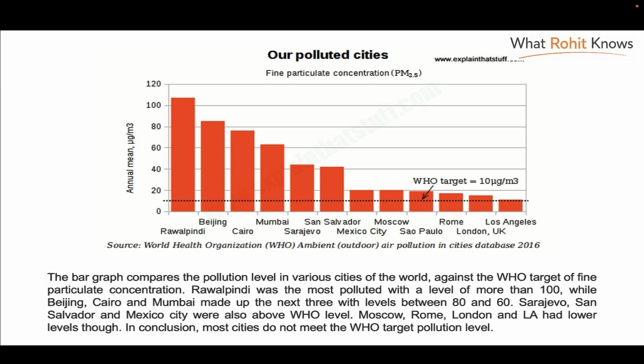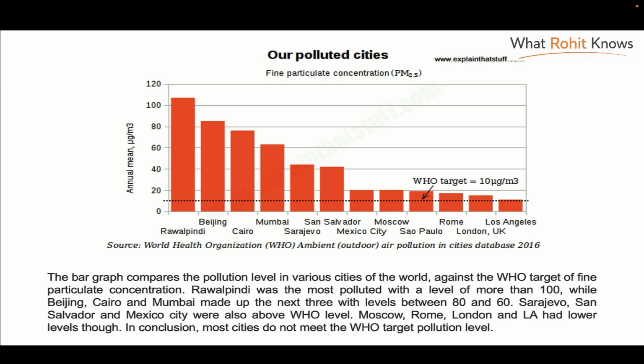And as we discussed, what's the most important? The first thing that we talk about is what stands out. So here, Rawalpindi stands out as the most polluted, so that'll be the one. And there are too many bars. So we said the bars which are kind of similar, we'll club them together. So Beijing, Cairo, Mumbai, they're all well above the pollution level and kind of similar from 80 to 60 range. So we club them together.